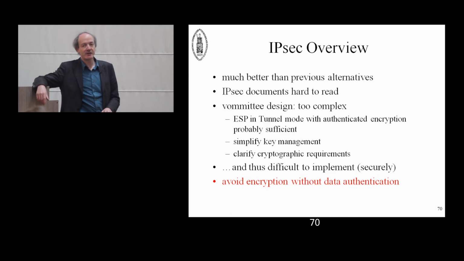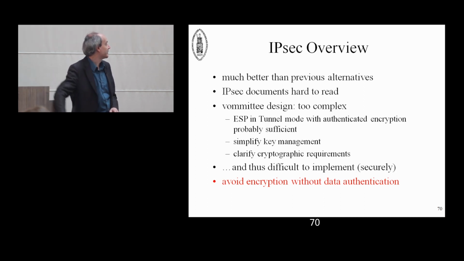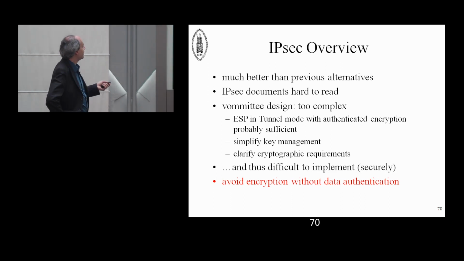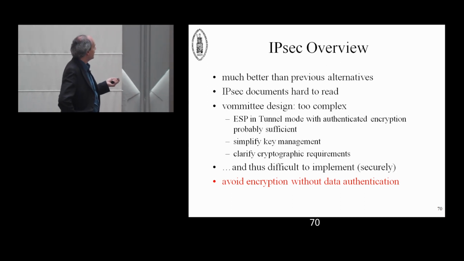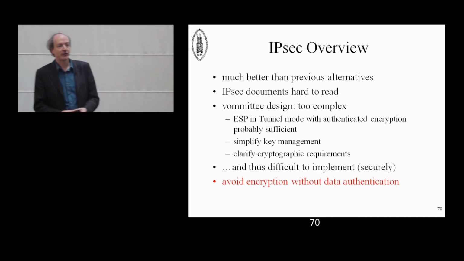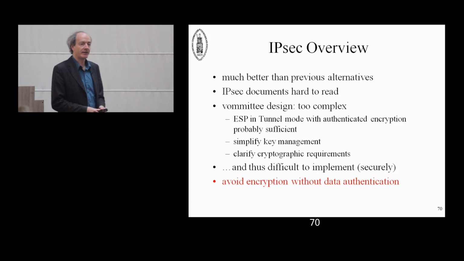If you want to make a protocol that works for any internet mechanism and supports any optimization needed and looks at any use case, then you end up with something very complex. Okay? So it's a committee design, so ESP in tunnel mode would have been enough. The key management, I think many people are very disappointed that IKE version 2 was not simpler. They could have cut out some other stuff and made a really simple and elegant protocol.